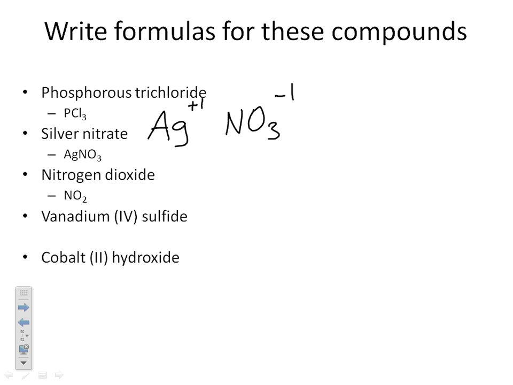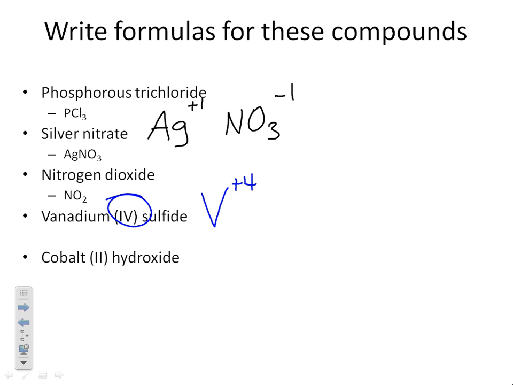That is just our symbol V. Now the charge on this vanadium is +4. How do I know? It says it right in the name. Vanadium +4. Next up, sulfide. The key to nomenclature, use table E. What you're looking for is to see if sulfide is listed in table E.